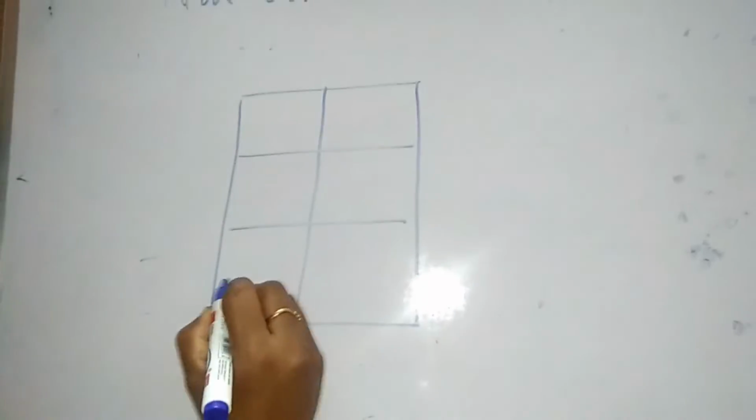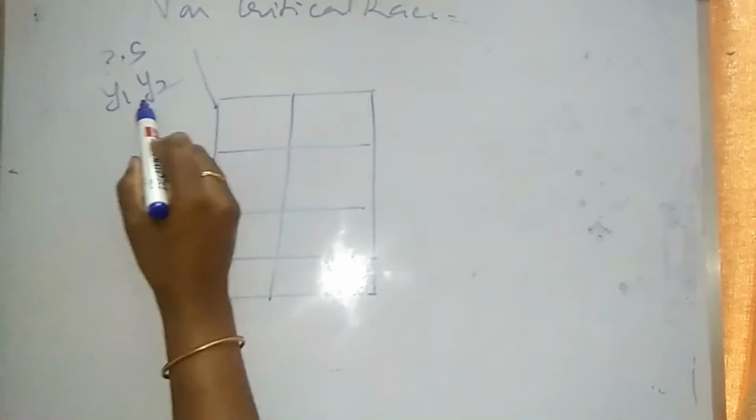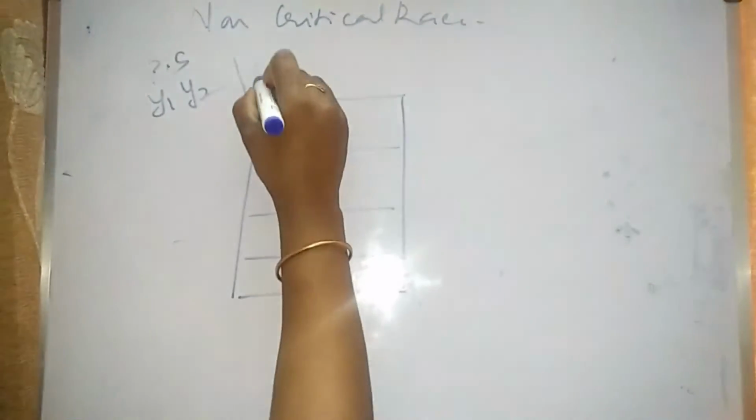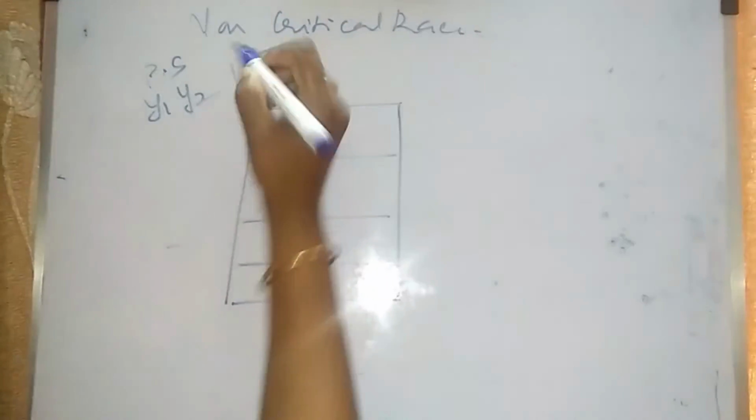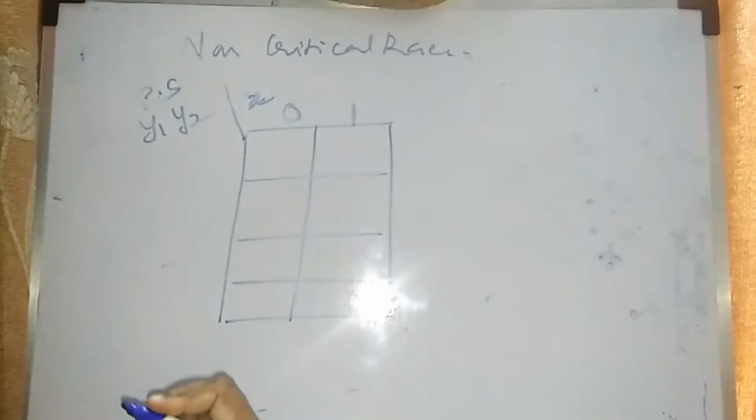Okay, now consider this block. Let me consider the present state as y1, y2, and the input x. The input x must be either 0 or 1, right?